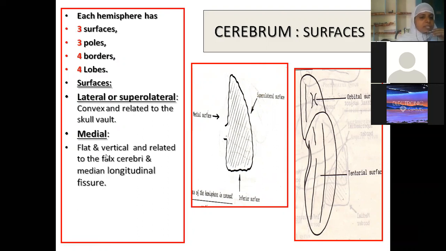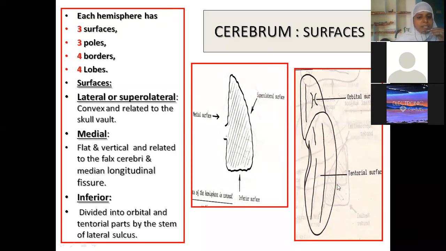The medial surface is flat and vertical, related to the falx cerebri and medial longitudinal fissure. Each surface we will see with sulci and gyri also. The inferior surface is divided into the orbital part and tentorial part, separated by the stem of the lateral sulcus.